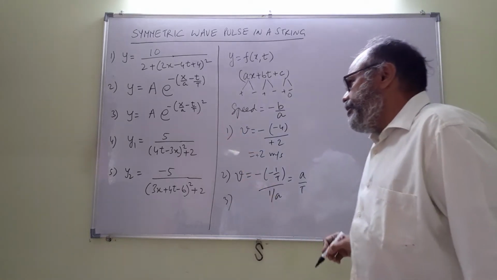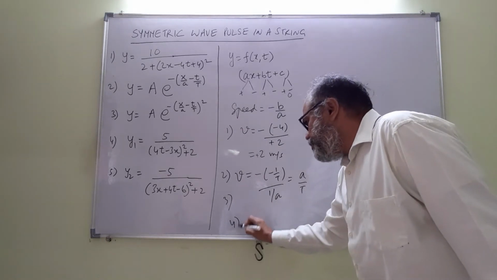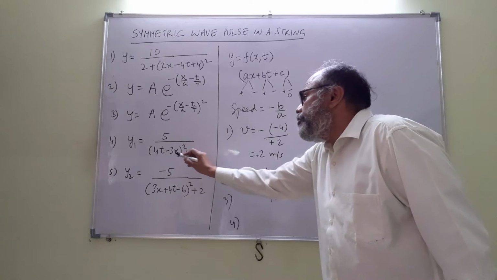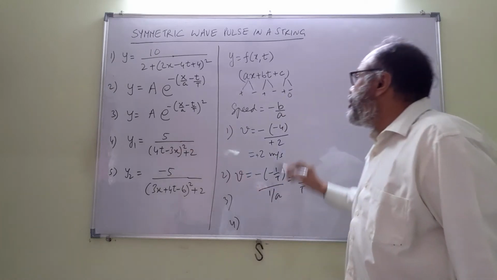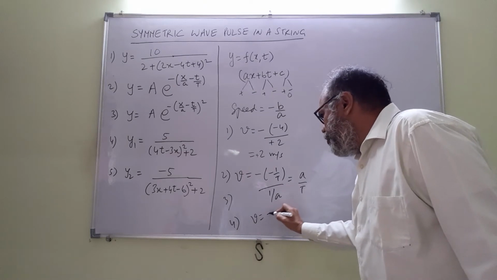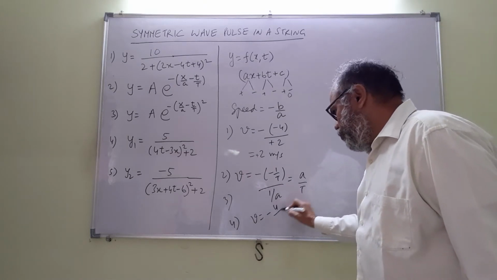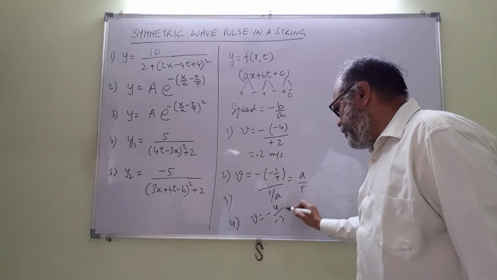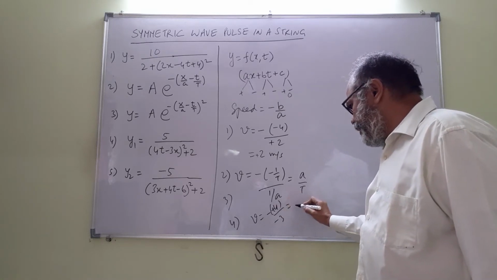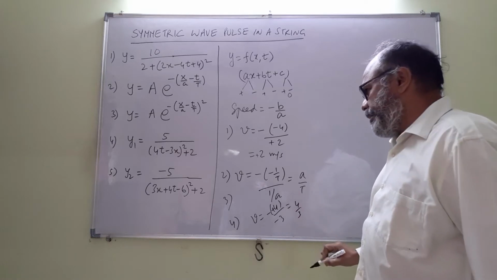The speed is a by T. In the fourth case, the speed would be minus b by a. b is now 4, so the speed would be minus 4 by minus 3. So minus plus 4 by minus 3. So that is 4 by 3 meters per second.